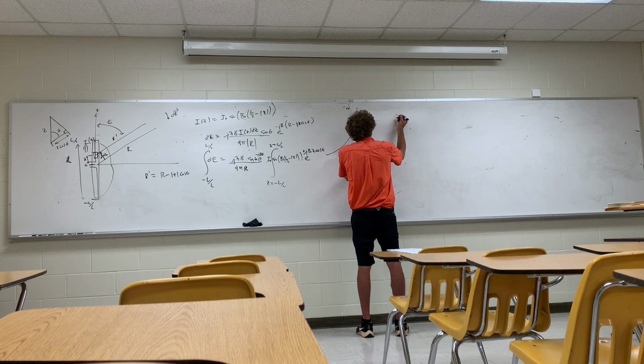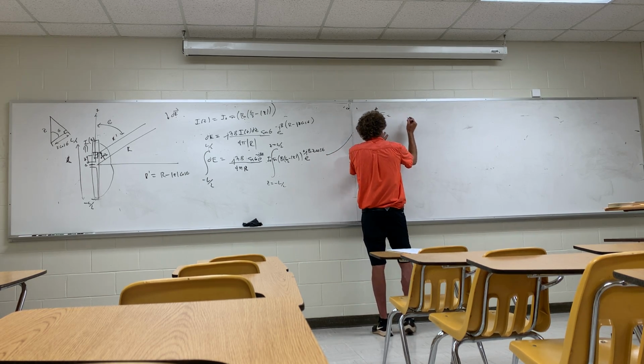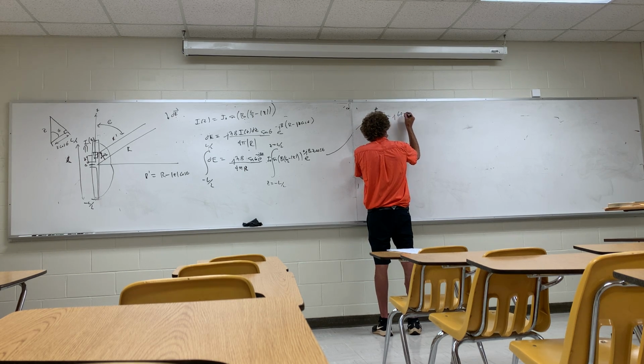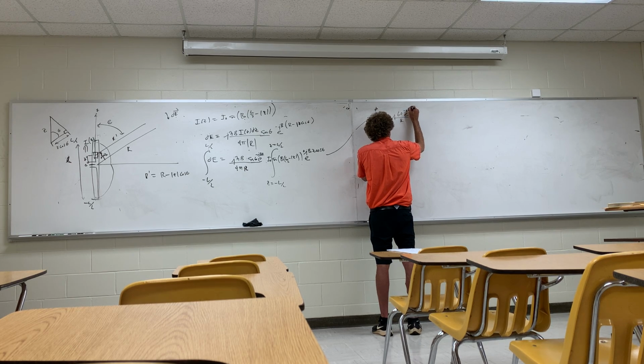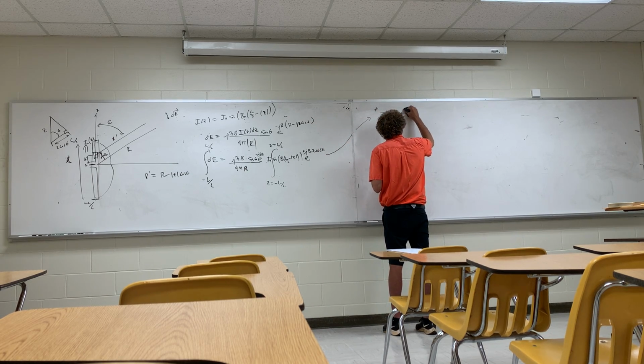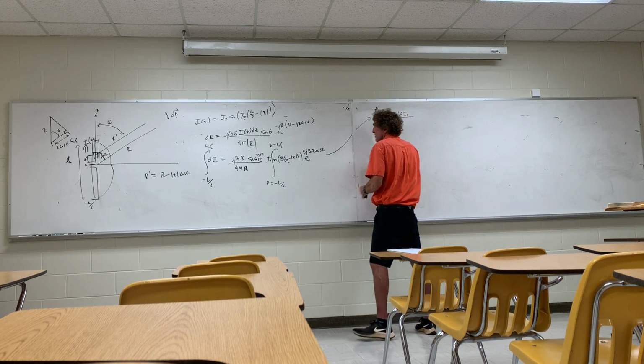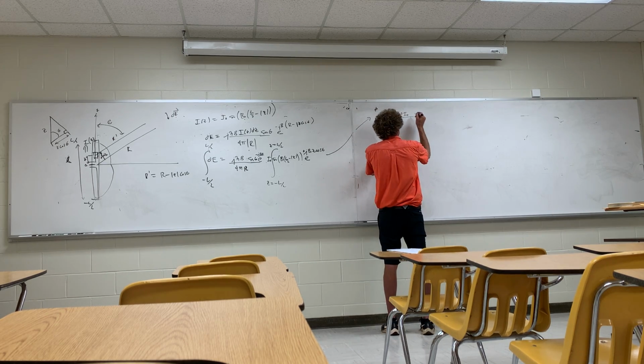No. The E field, after all this is said and done, write this one down. This is important. That's going to be equal to j60 over R, and actually, let me put the I in front of it. Now, this I naught is going to be the current at the base of the antenna. I'll mention this in a second.